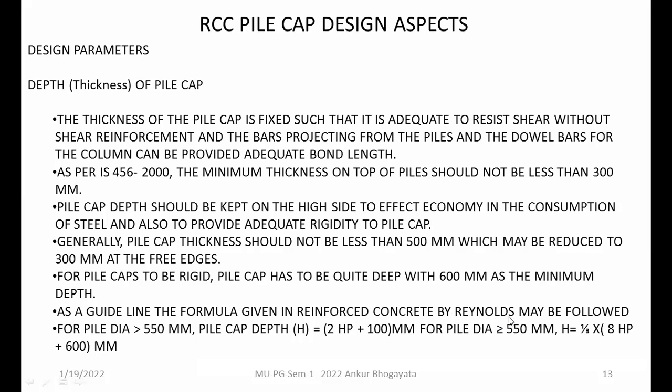and you can have it during your exam and during your practice. So according to the Reynolds theory, there are some equations available. You can see here, pile cap depth is expressed as 2 times HP plus 100 mm for pile diameter more than or equal to 550 mm, where HP is given by the pile spacing and pile diameter.